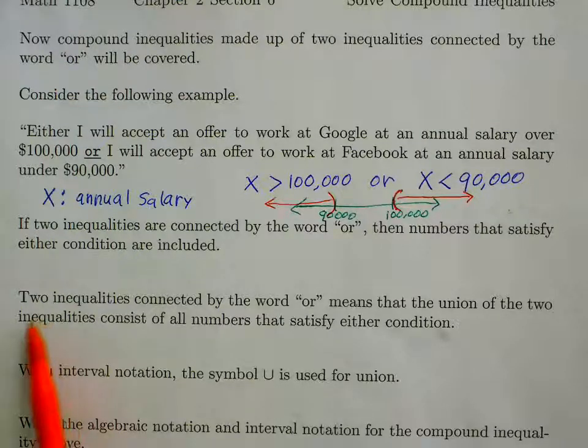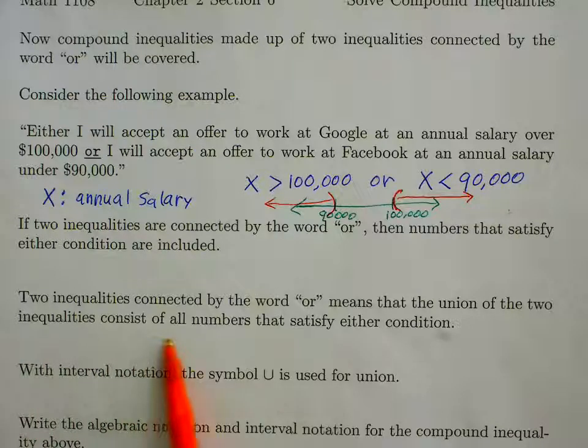Two inequalities connected by the word or means that the union of the two inequalities consists of all numbers that satisfy either of the conditions.